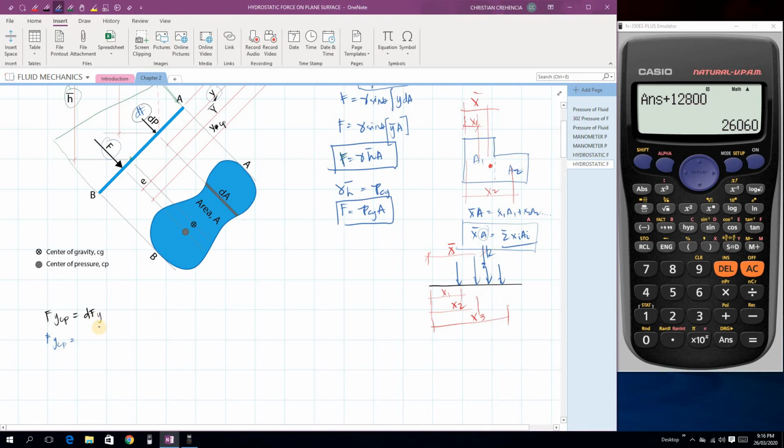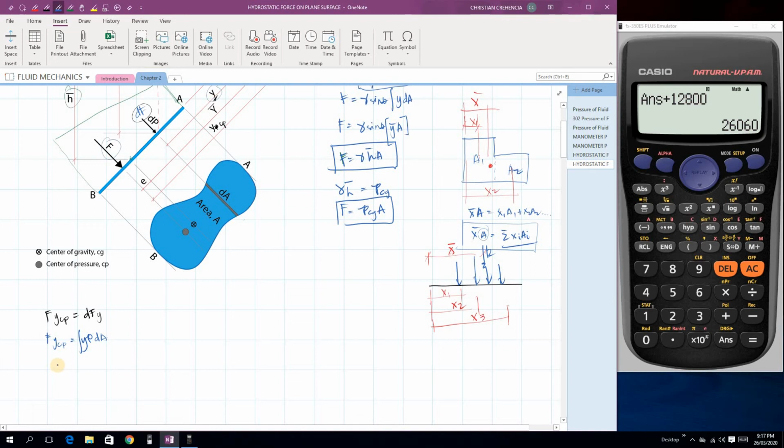So yung differential force is equal to yung pressure times ng differential area. Then multiply by distance y. So dito ko na lang ilagay yung y. So since meron tayong differential area dito, okay. So pwede natin ngayong integrate. Okay. So integrate natin itong isang side.